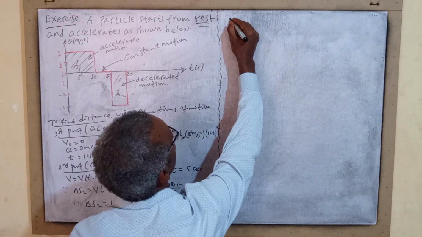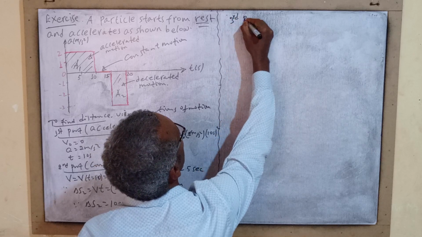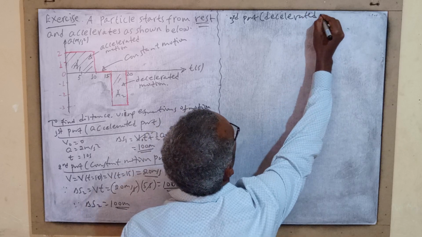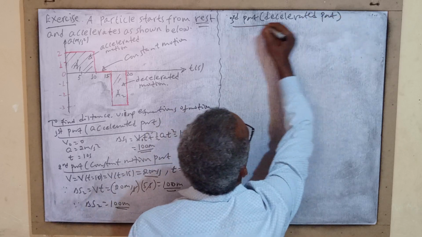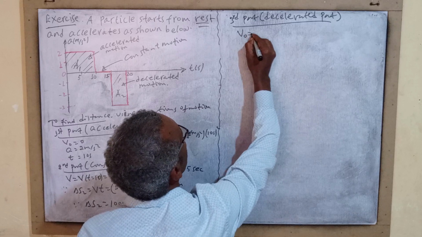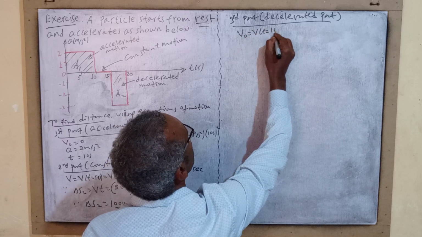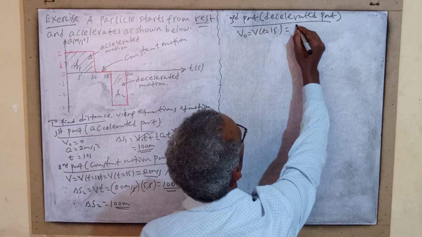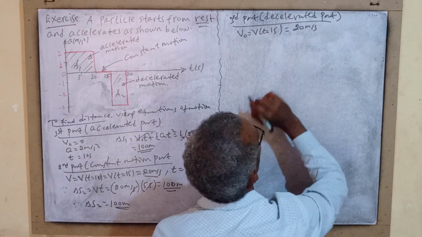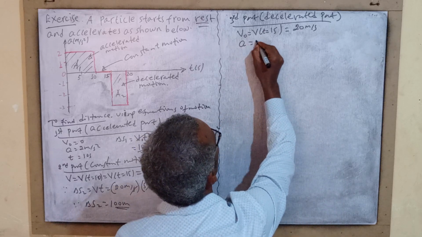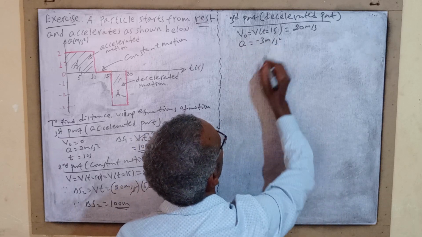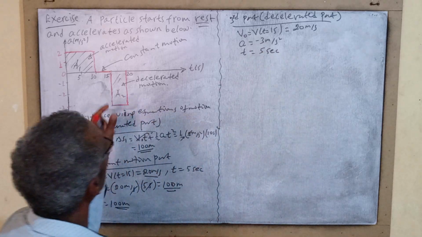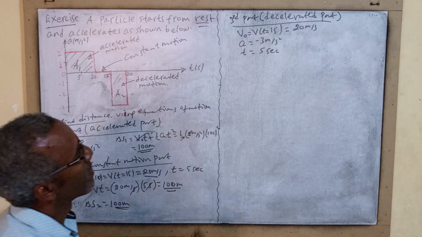For the decelerated part, the third part, v naught is v at t equals 15 seconds. v at t equals 15 seconds is 20 meters per second. The acceleration is minus 3 meters per second squared, and the time is 5 seconds in the last 5 seconds.